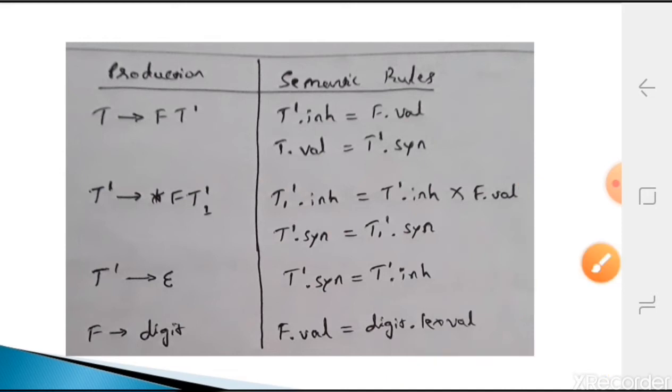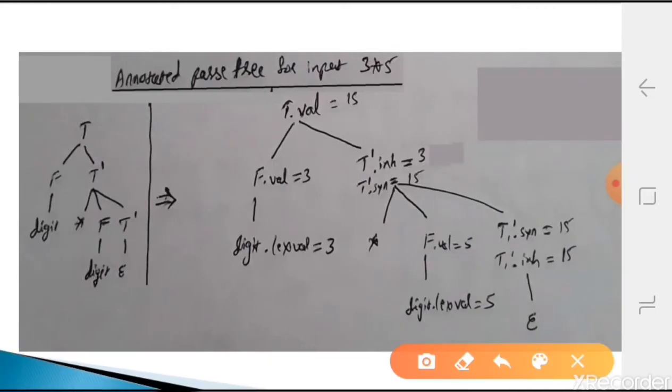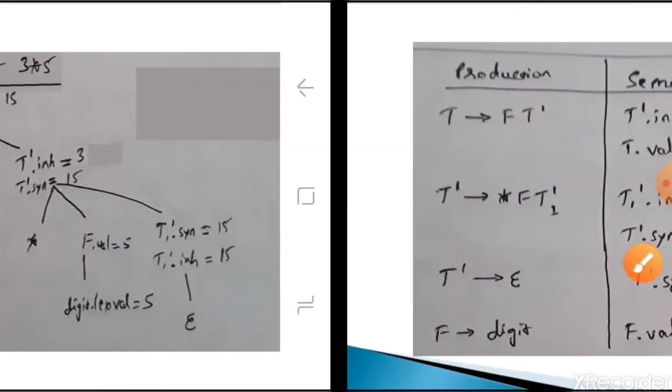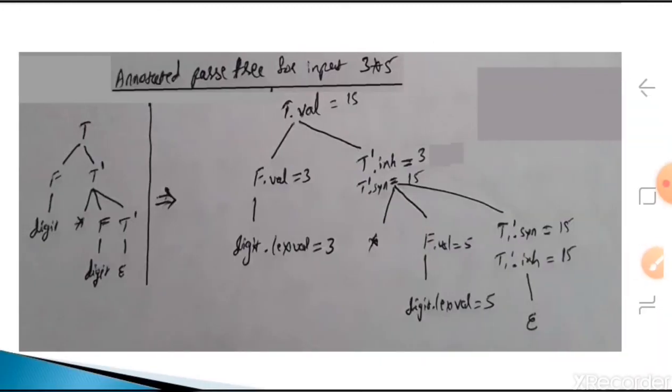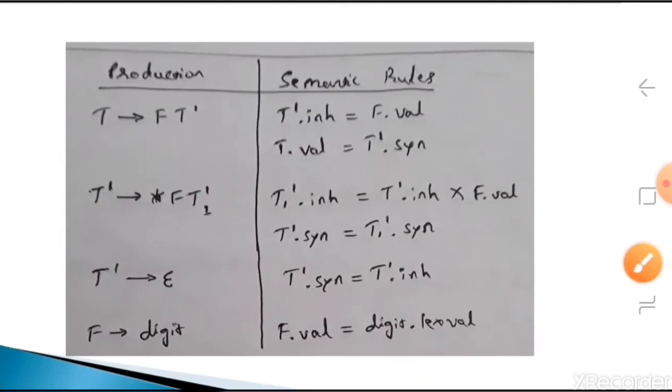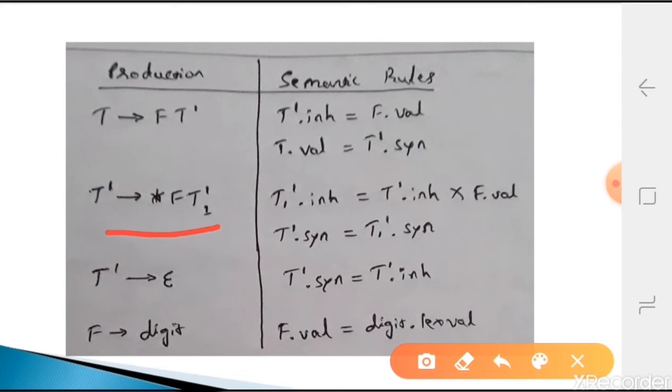First we'll take one example: suppose the input is 3 * 5. For that, this is our parse tree. The parse tree starts with T, and our input is 3 * 5, so this production is compulsory, and to read 3 and 5 we require this.